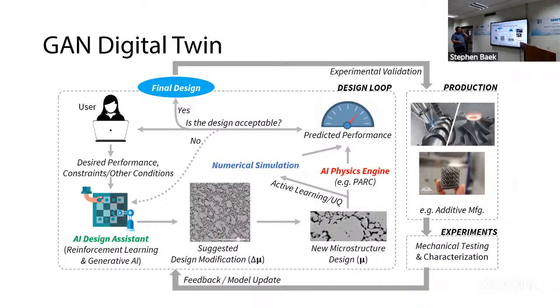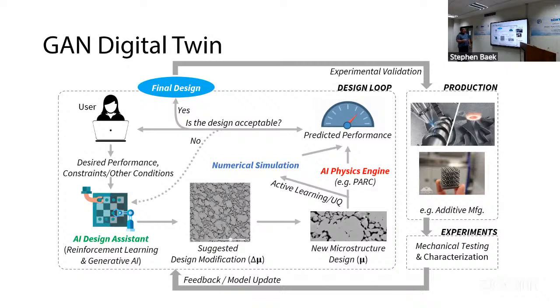So the holy grail of all this is a design optimization framework, where the GAN generates some microstructures. And starting from there, we use things like Park or neural operator or other AI-based physics engine to make a prediction of the performance, what the system response is going to be. That goes back and is compared against user-specified design constraints, design performance.